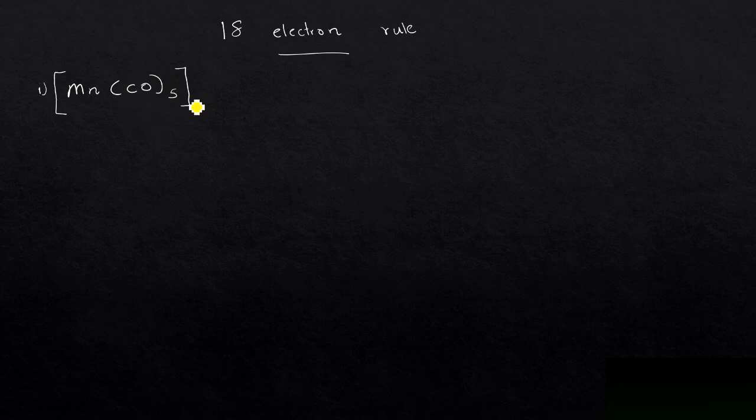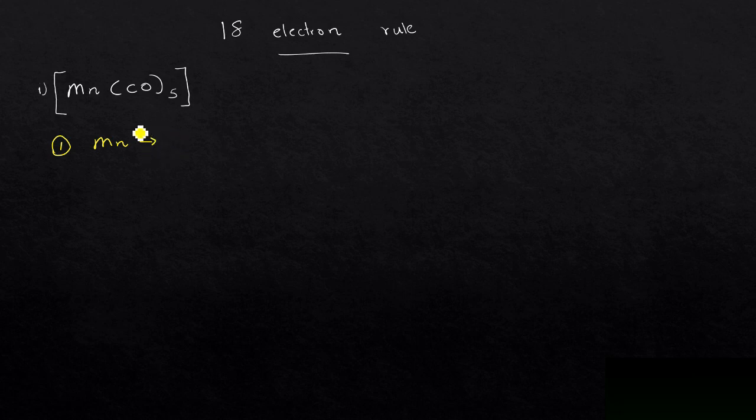When you are finding the total number of electrons this complex has, the first thing you need to do is find the electrons on this metal center, which here is manganese. Just ignore all the charges, do not think about the oxidation states, just take the manganese and find the electrons in the last energy level.